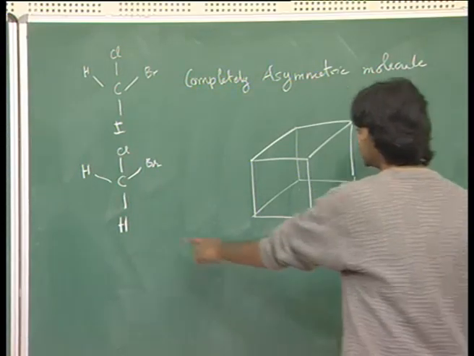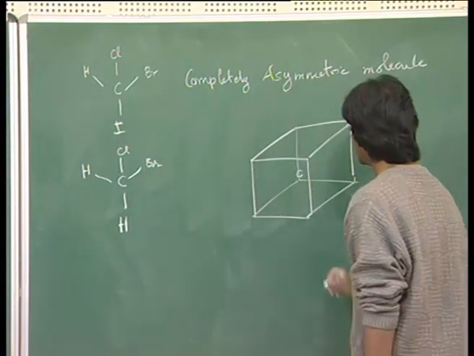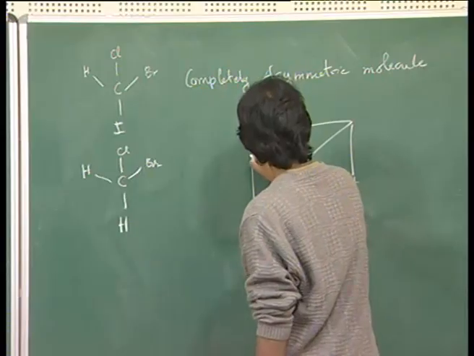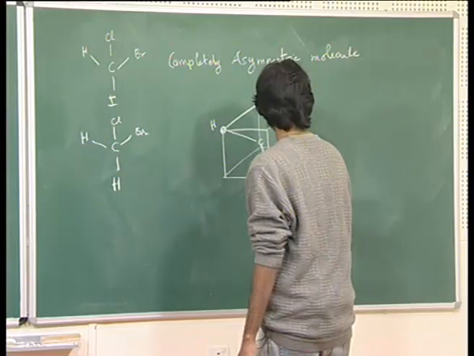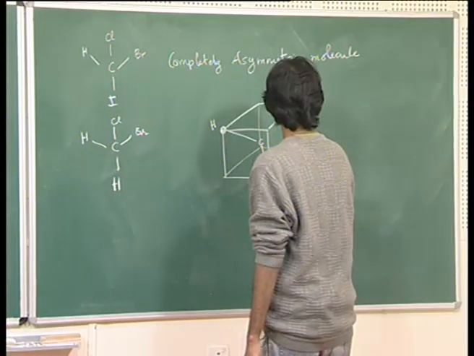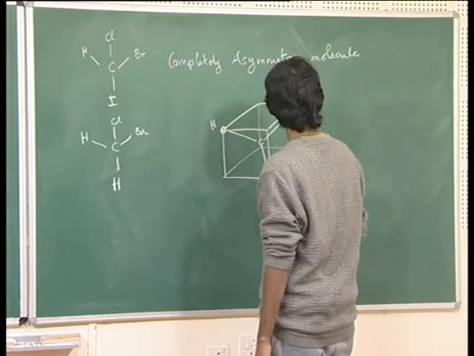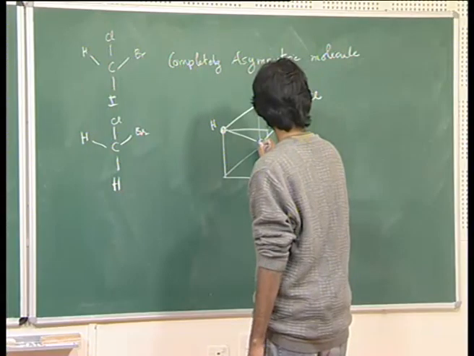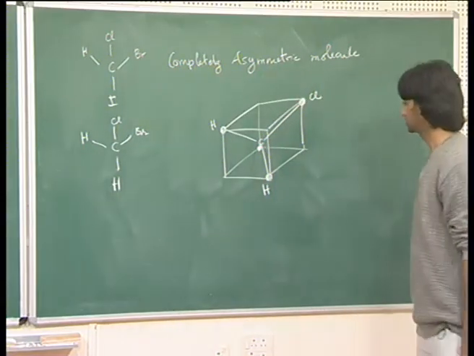The most convenient way, this is tetrahedral geometry, where C is the center of the tetrahedron, and then you have one H, you have another H, you have Cl, and you have a Br. Br is all the way behind.